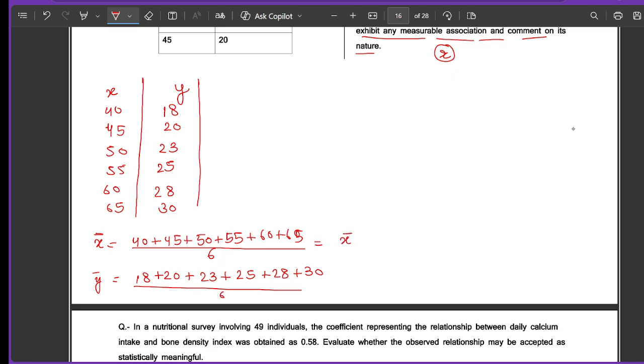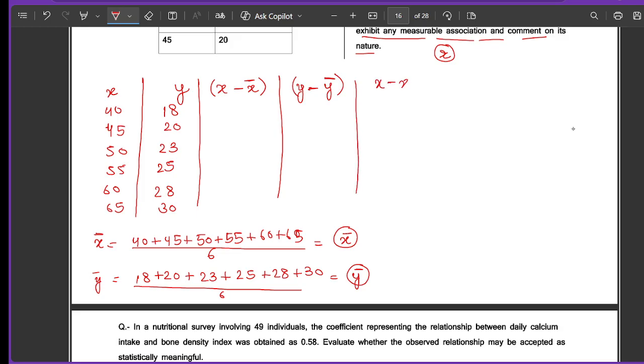So a specific value will come for x and a specific value will come for y also. Now you have to do x minus the mean of x, and y minus the mean of y. Then in one column you multiply the two values. Then in one column you do the square of x minus the mean of x, and in another the square of y minus the mean of y.